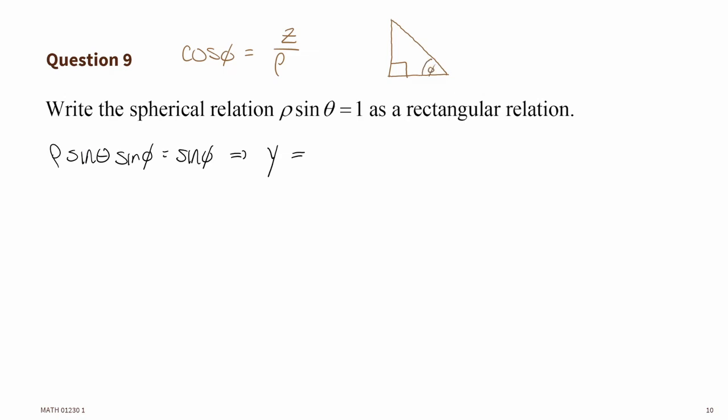There's going to be phi. Cosine of phi is z over rho. But what is cosine in terms of right triangle trigonometry? Adjacent over hypotenuse. What's the missing side?